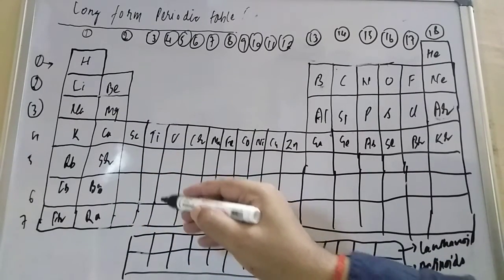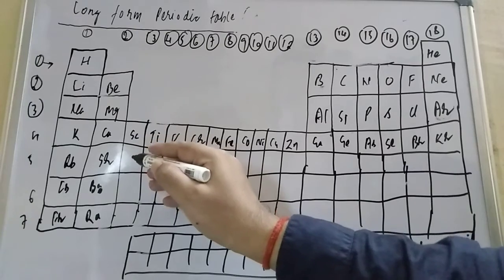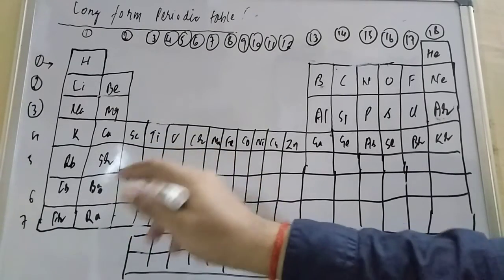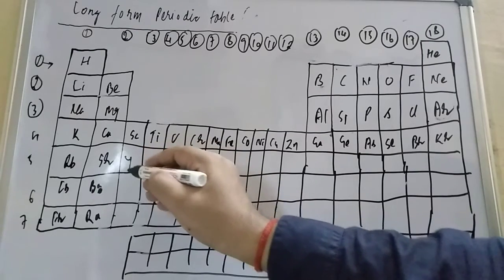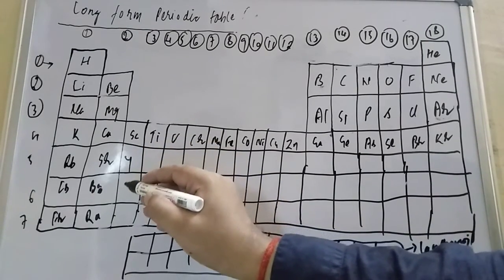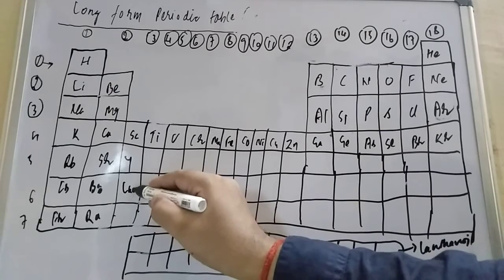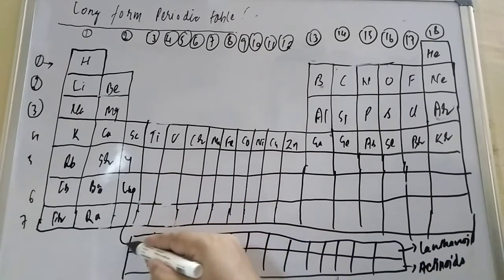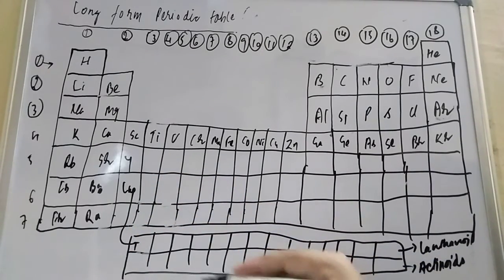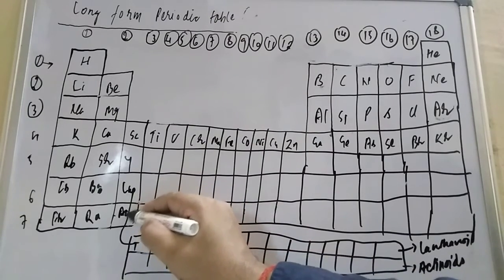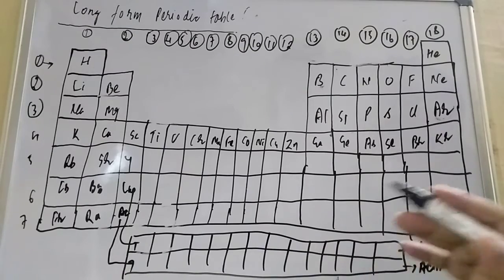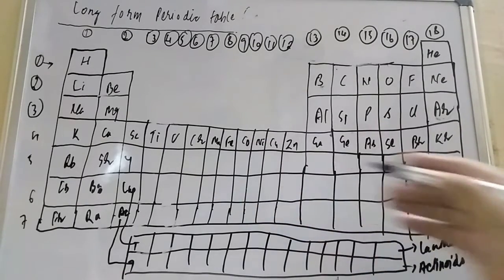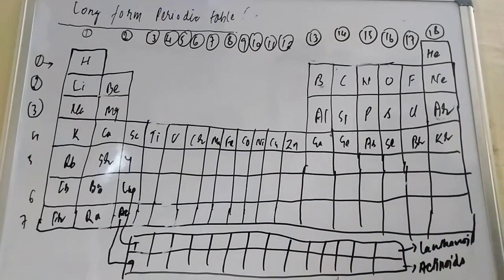Here is scandium, and after scandium downside comes yttrium, and then lanthanum. After lanthanum, the lanthanide series will start, and after actinium, the actinide series will start. You can fill in the other elements; that is not too compulsory, we will study them separately.